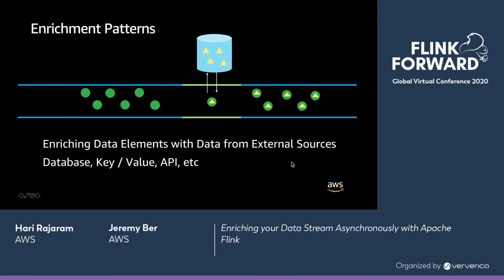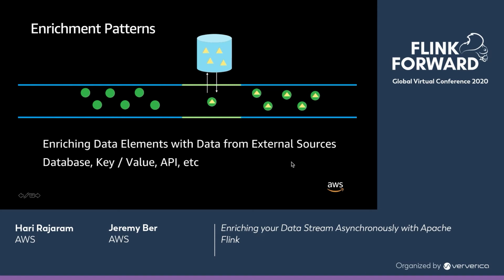We also see this in media companies where maybe a user is watching a video, and that payload is going to contain the fact that the user was watching the video, but they would also want to enrich that payload with something like the country of origin, the time of day, or some third-party metrics about that particular user that can't be stored in the stream.